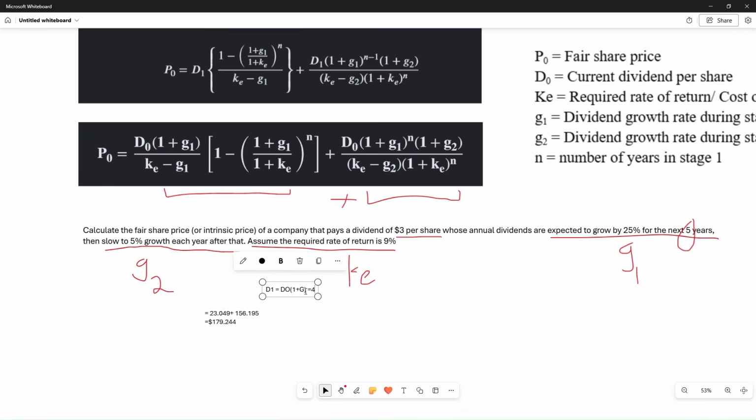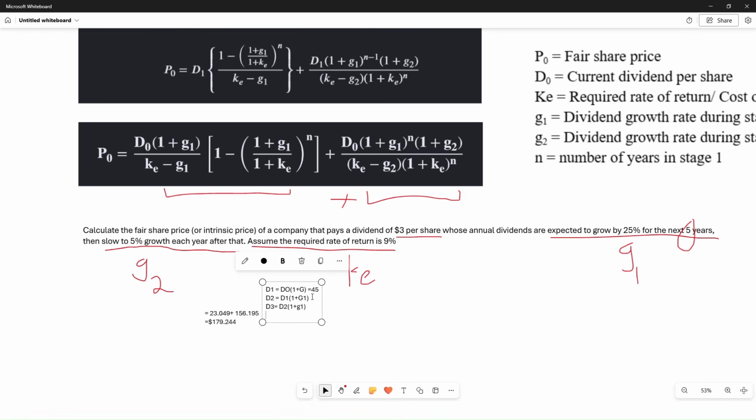Your D2 is going to be your D1 times 1 plus G1. Your D3 is also going to be your D2 times 1 plus G1. Your D4, like that.